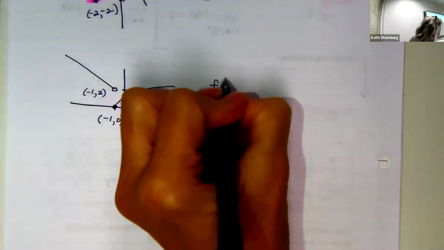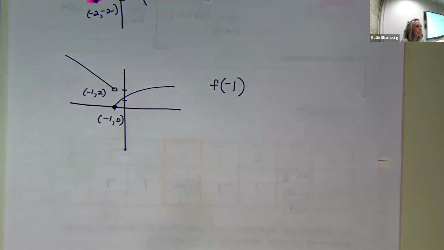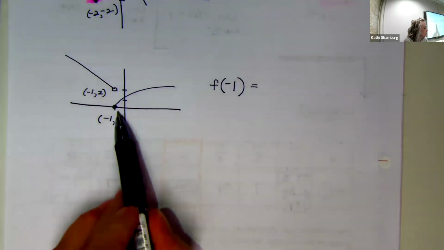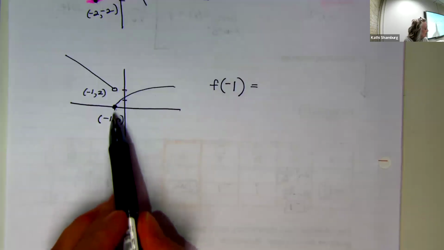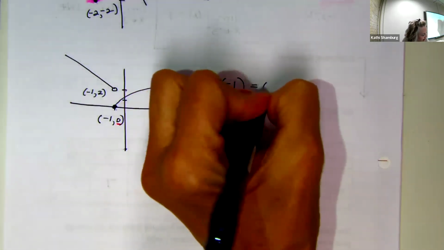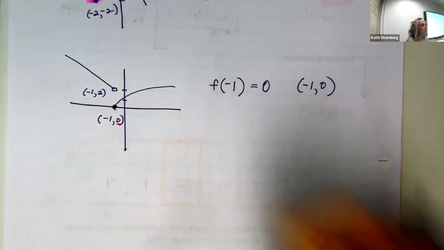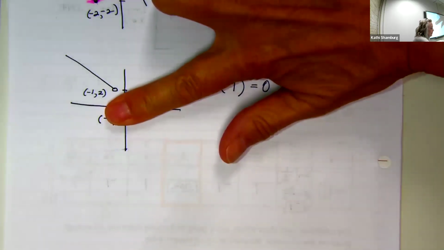So what is f at -1? It'd be 0. When x is -1, this is an open circle, so it's not that. I have a closed circle, so the y output is 0. So that's that ordered pair, -1, 0. If it was just the open one, it doesn't exist. If that was gone, your answer would be does not exist.